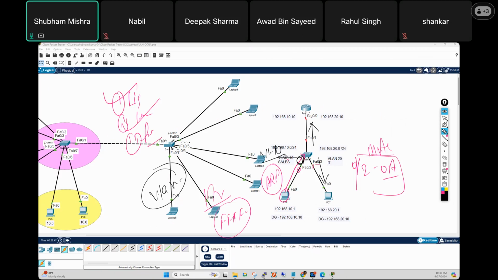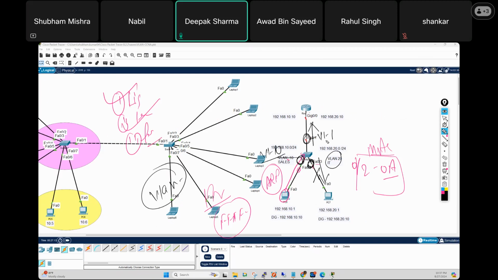Yes? Tell me, this interface is part of which VLAN? 20. It means this switch is not going to forward your ARP packet here. Yes or no? Yes. And I did not configure any VLAN here, which means this is by default part of VLAN number 1.